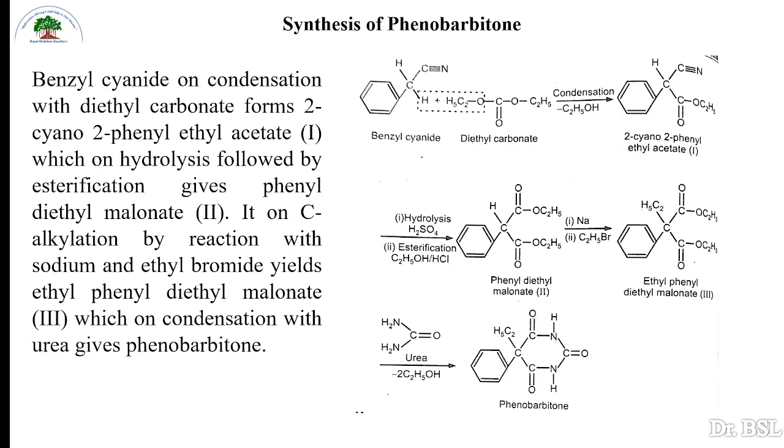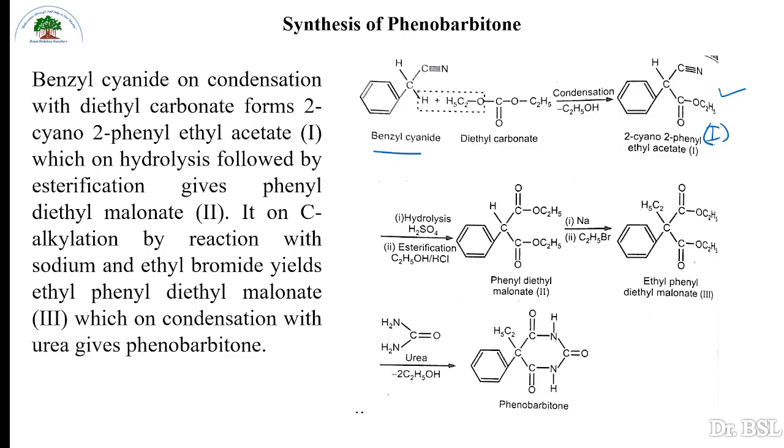In this reaction sequence, benzyl cyanide on condensation with diethyl carbonate forms 2-cyano-2-phenyl ethyl acetate. This is the first intermediate.